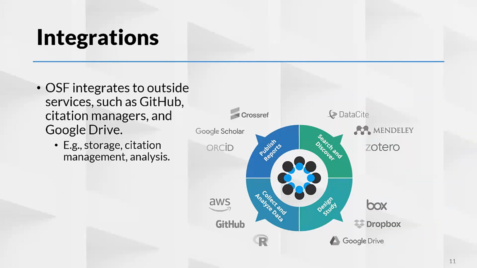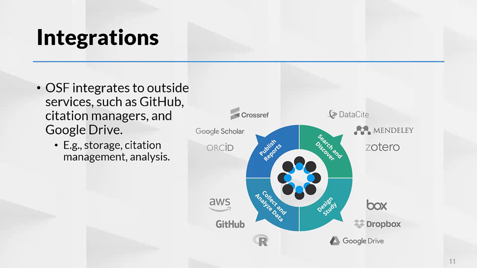Open Science Framework is also really nice because it integrates with all of these different other platforms, right? So you can kind of see there's a similar graphic as before. It's just there's less of them, but it kind of guides you through some of the major pieces of working on a research project and how you can integrate some of these other programs or platforms and use them throughout your Open Science Framework documentation.